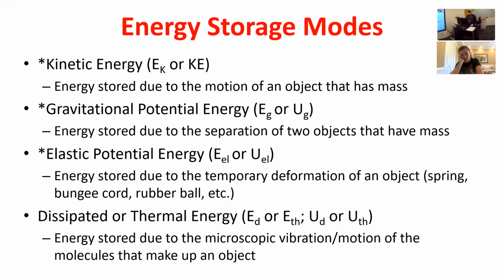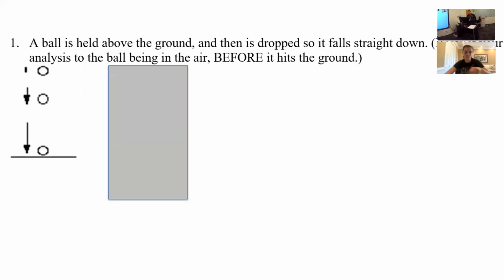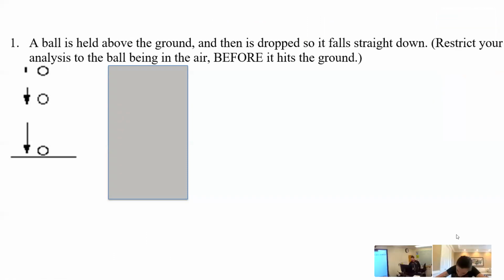All right. Now let's talk a little bit about pie charts and bar graphs. So if we hold the ball above the ground and then drop it and just let it fall straight down, we're going to think about the ball falling from being motionless to dropping and then right before it hits the ground.